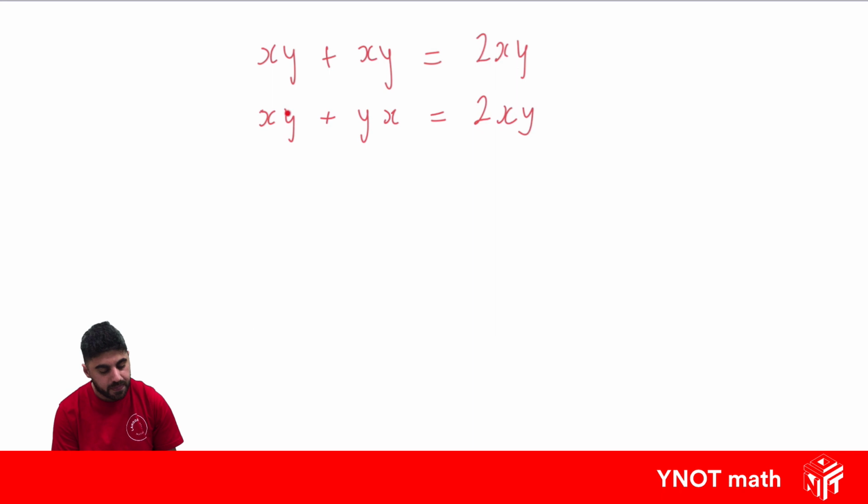Well, in algebra, it doesn't matter the order in which the terms are written as long as they're multiplied, because as we know, 2 times 3 is 6, and 3 times 2 is also 6. So when we multiply, it doesn't matter about the order. So x times y is the same thing as y times x. So these are like terms, their coefficients are both 1, and that's how we get 2xy.